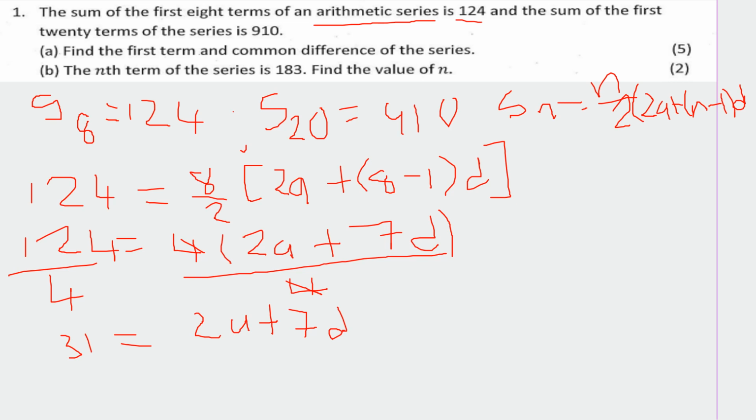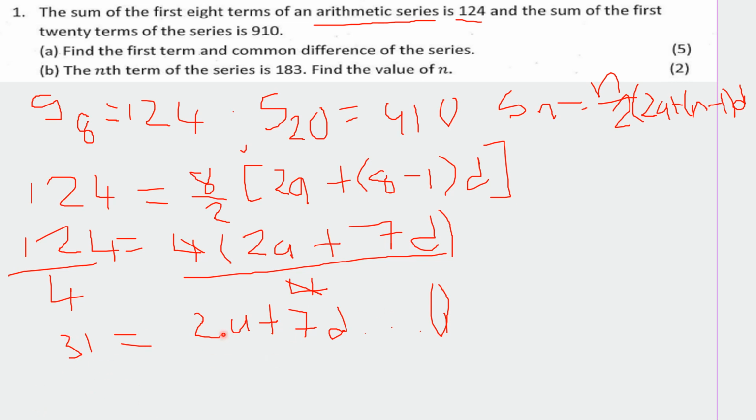This will be our equation 1. Remember, we have two equations. They're giving us these two conditions. We only have simplified the first condition. We also have to do the other condition. So now our equation 1 is 31 equals to 2a plus 7d.